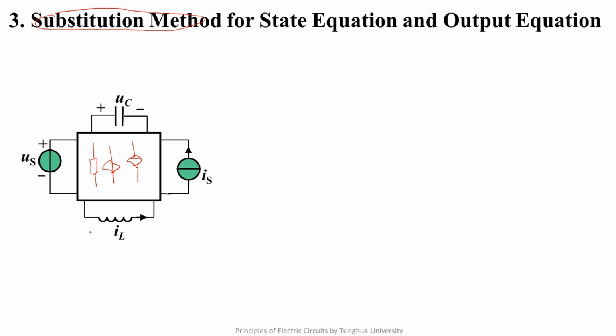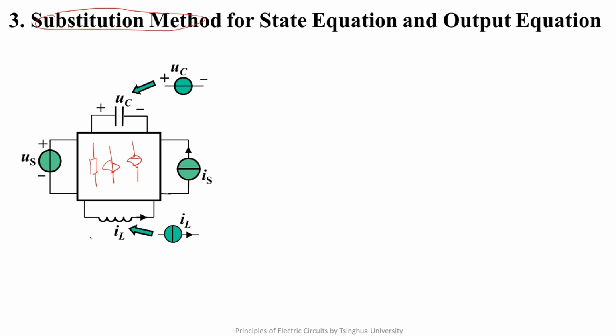According to the previous introduction, we know that the state equation uses a linear combination of the state variables and the sources to express the differentiation of the state variables. So we naturally consider that the capacitor is replaced by a voltage source and the inductor is replaced by a current source, even though the voltage of the voltage source and the current of the current source are unknown. So the whole circuit becomes a resistive circuit.